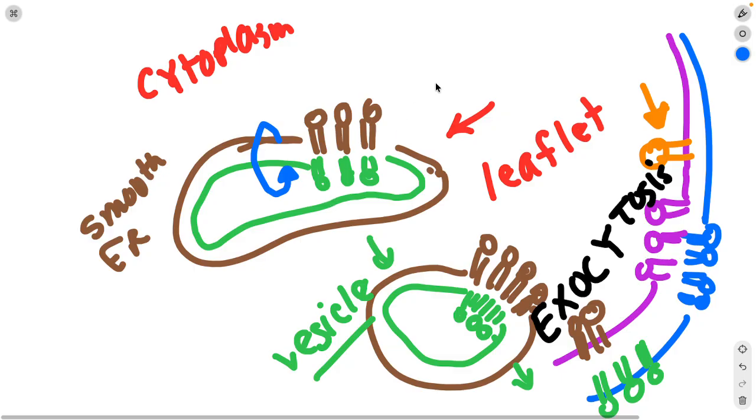So in a sense, the smooth ER has no problem synthesizing phospholipids that are going to end up on the inner leaflet of the cell membrane. The trick is, how are we going to get newly synthesized phospholipids to be on the outer leaflet of the cell membrane? And we'll learn more in chapter 14, cell membrane.